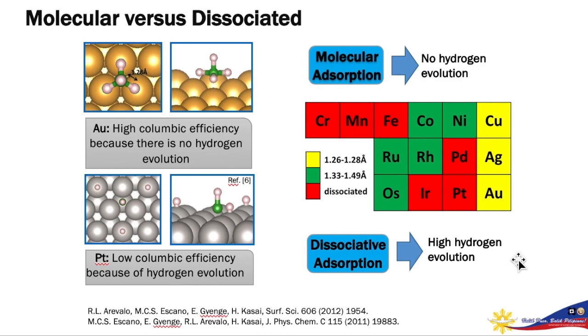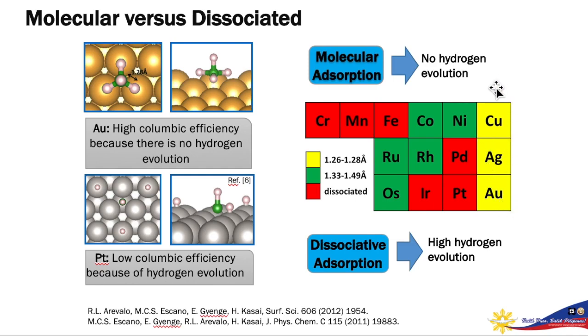We computed the adsorption structure of borohydride on these transition metals, and we have found that the transition metals denoted by this red color in the periodic table promote a dissociated structure of borohydride.